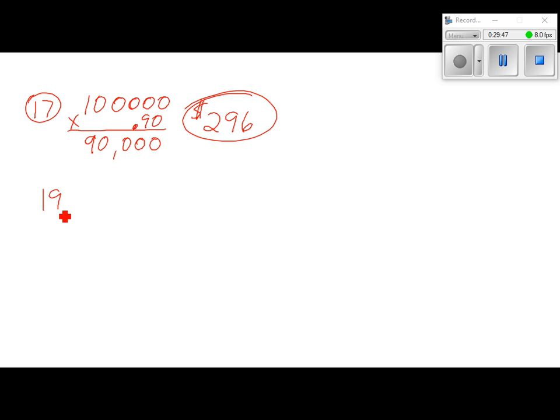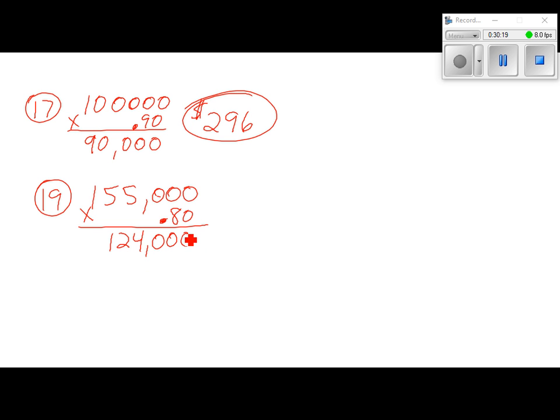Number 19. Says Christine Tina has insured her home for 80% of its replacement value. The value is $155,000. Use the chart below to determine the coverage on personal property. First thing we have to do here is take the $155,000. She only covered it for 80%, so we got to take that times 0.80, and that gives us $124,000.